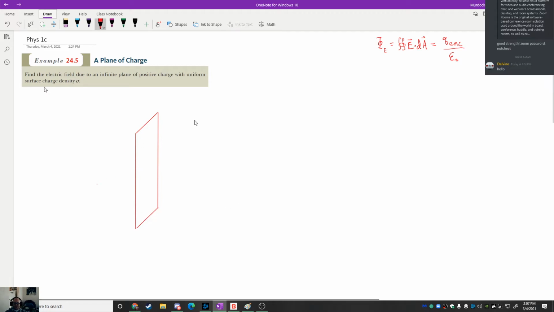The charges have, it says uniform, that's going to be important, surface charge density sigma. That means sigma represents the amount of charge divided by a unit area within the system. So we've got positive charges all spread throughout this object, like this. And then the object continues on in all directions, so it's an infinite sheet.